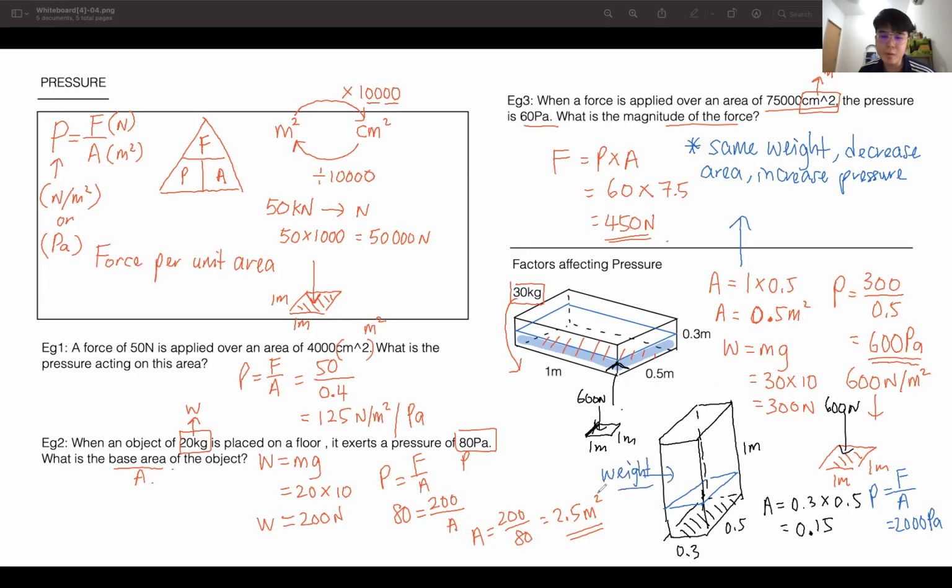So by adding weight and maintaining the base area, the pressure also changes. So I can say that with the same area, increase weight, pressure increases.